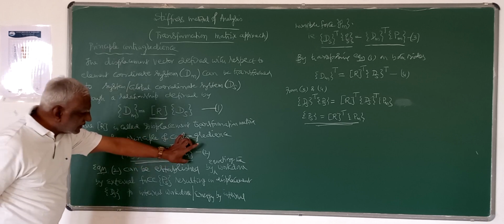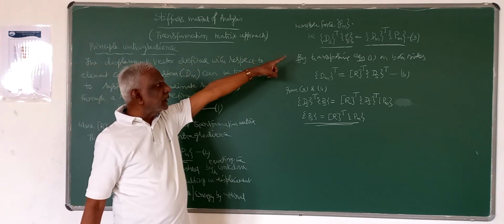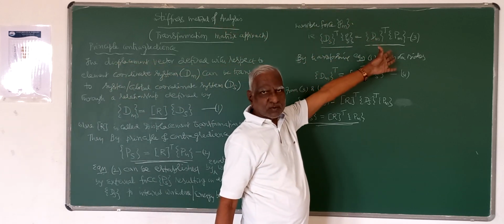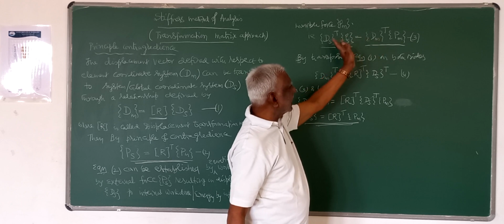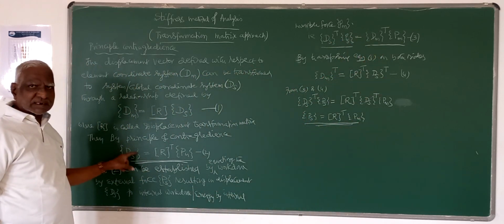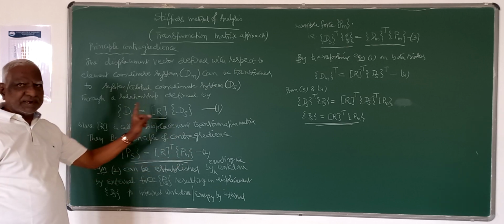So you can derive this by just using this work done principle. That is, external work done has to be equal to the internal work done. Using that principle, I can establish this relationship. So this is known as the principle of contragradient.